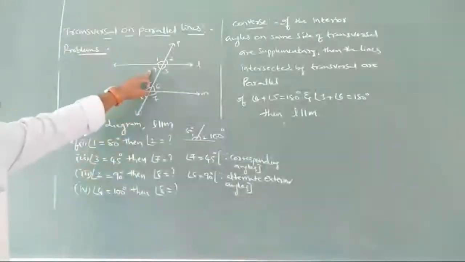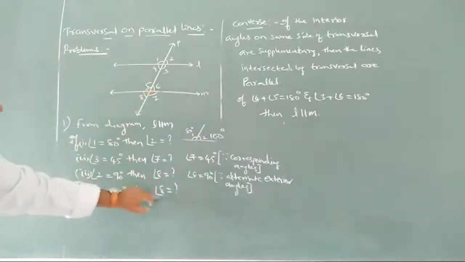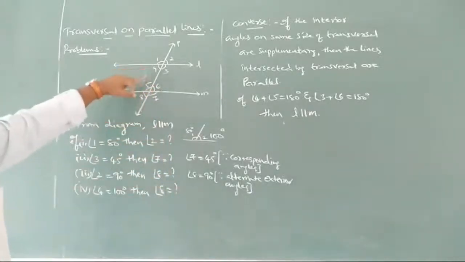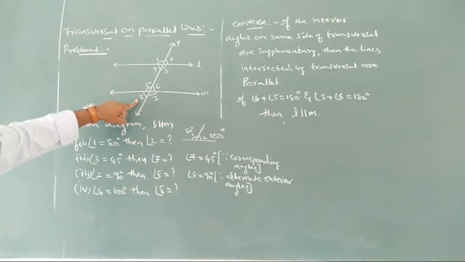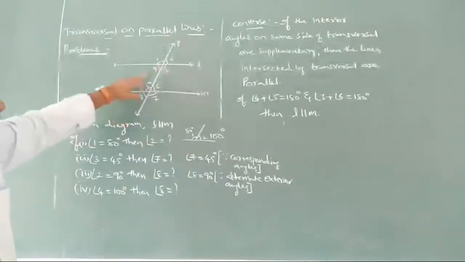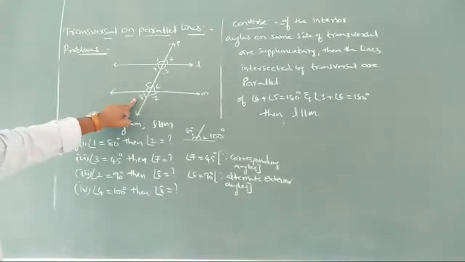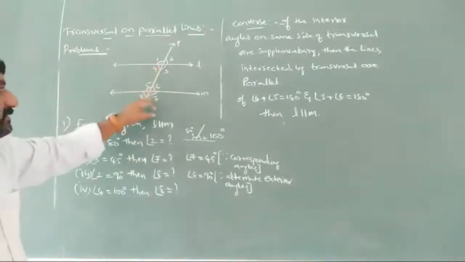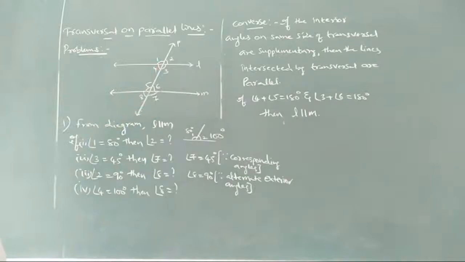Last question. Angle 4 is 100 degrees. Then what about angle 8? 4, 8. Same side of the transversal. One is interior, the second is exterior, and both are at distinct vertices. Such angles are again called corresponding angles.